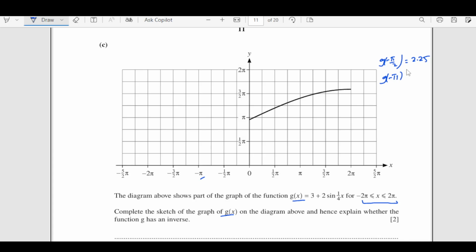When you do this, this comes out to be 1.99. Just use your calculator directly. Now negative 3 pi by 2, g of negative 3 pi by 2, this is 1.15, right? Then g of negative 2 pi is 1, right?